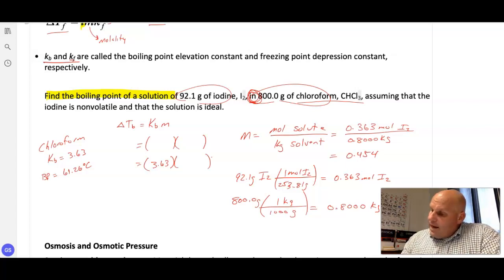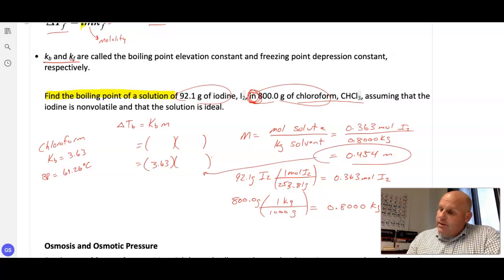Now that I have that, I can plug that into my boiling point elevation, and I get a change in boiling point of 1.65 degrees Celsius. Now, if it asked for the change in boiling point, I would be done there.